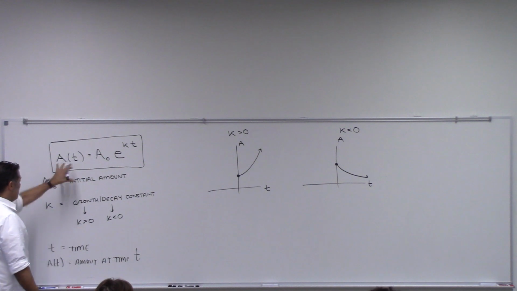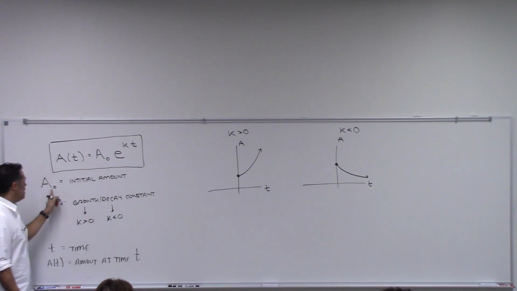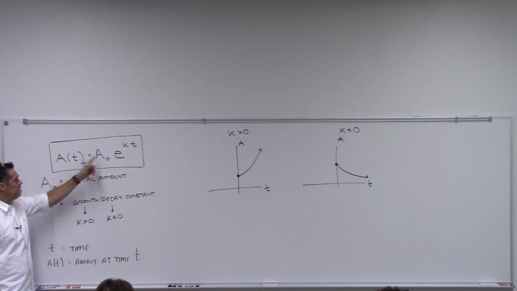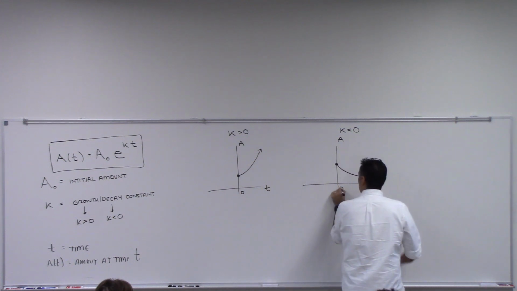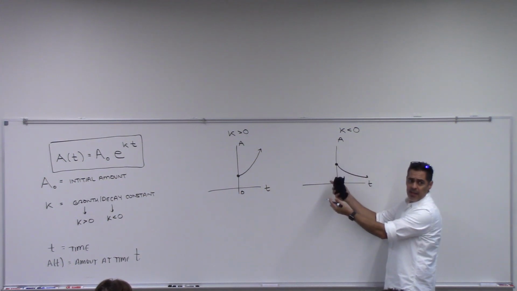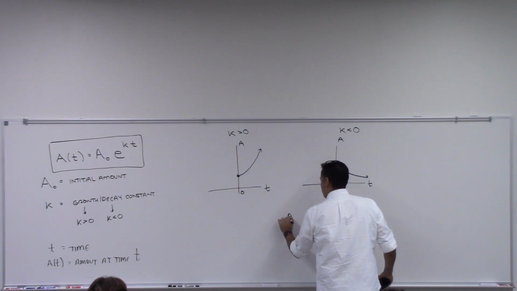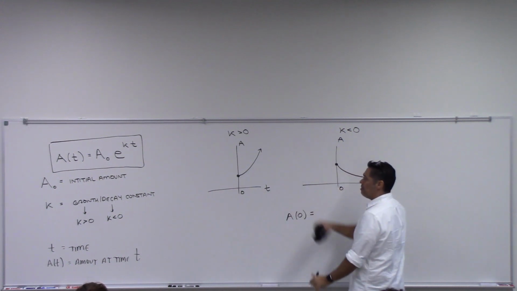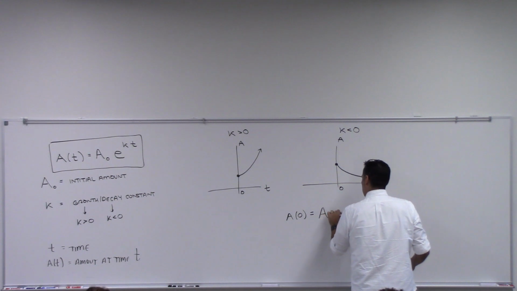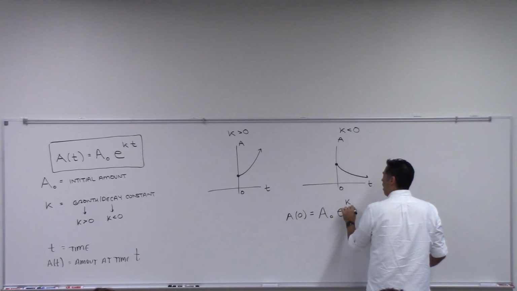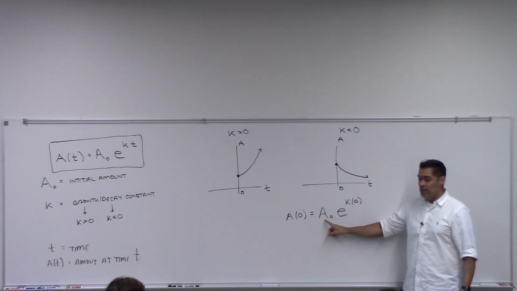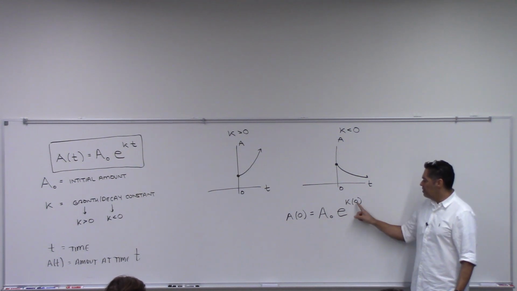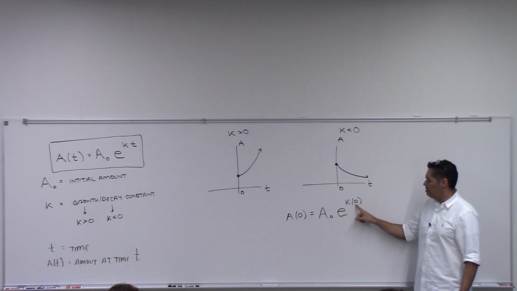So in this model, what's nice about it is that you could verify that the initial amount makes sense, because wouldn't the initial amount be what happens at time equals 0? That's how much you have at the beginning. So just what is A of 0? For that generic model, what is A of 0? If we plug in 0 for t, no matter what the growth constant is, no matter how much it says we started with, k times 0 is 0, right?